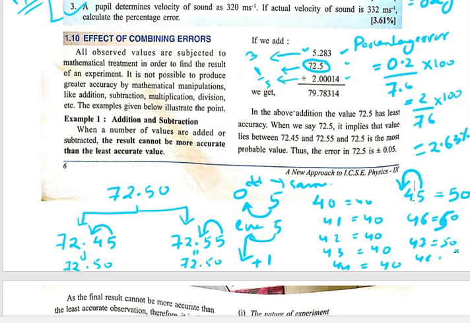But sometimes if you see 35, the number before 5 is odd, so it will be written as it is, that means it will be treated as 30 only.